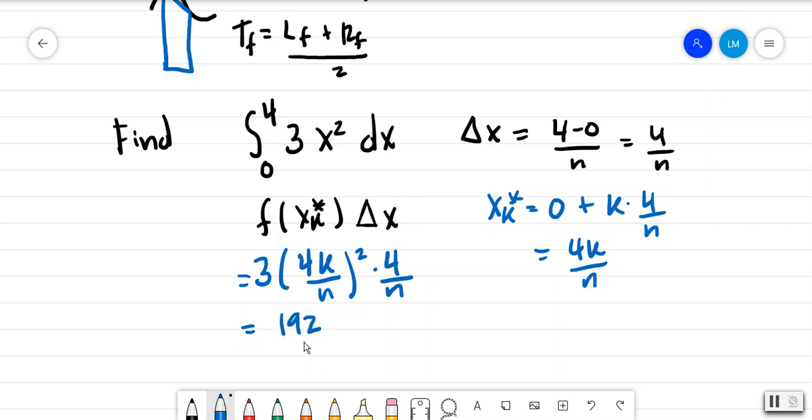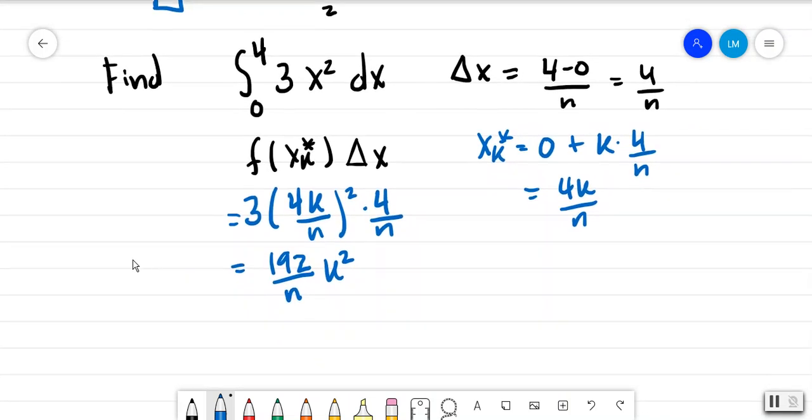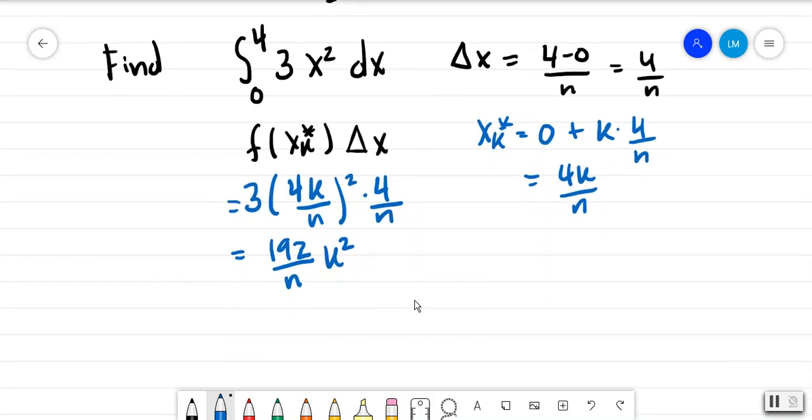So we have 192 over n, and then that's going to be k squared. Okay, anything else that we need? Not really, because this is supposed to be n cubed, actually.